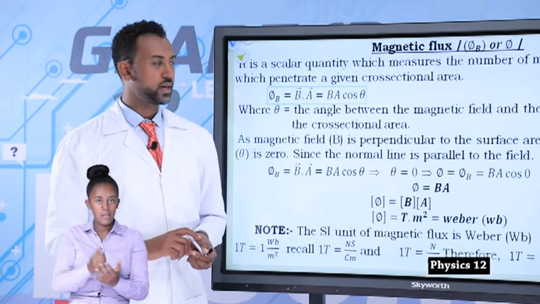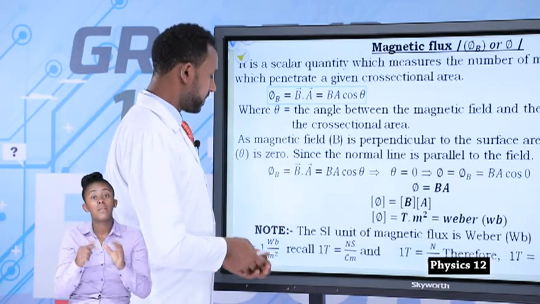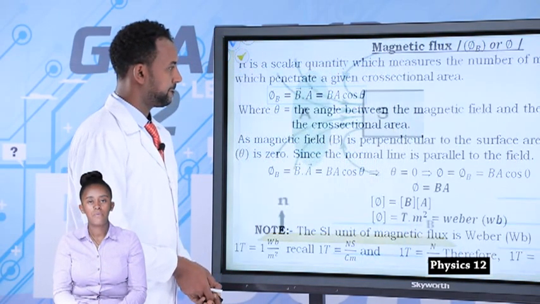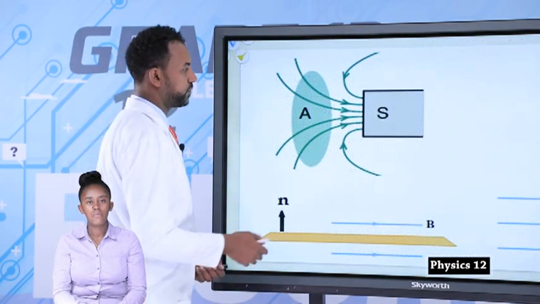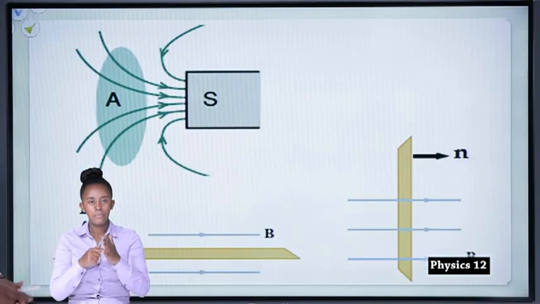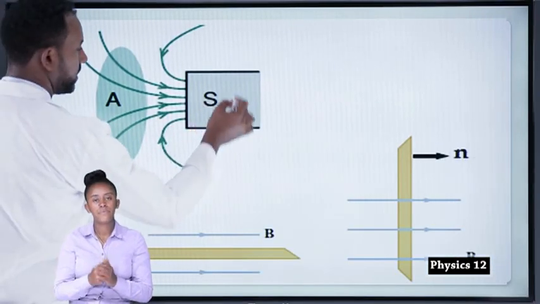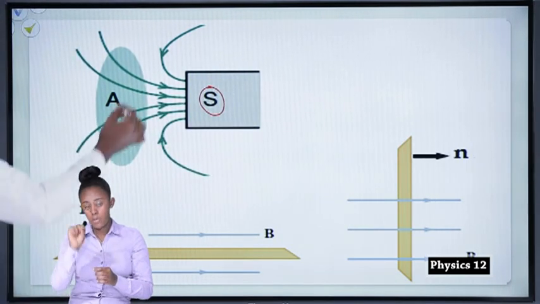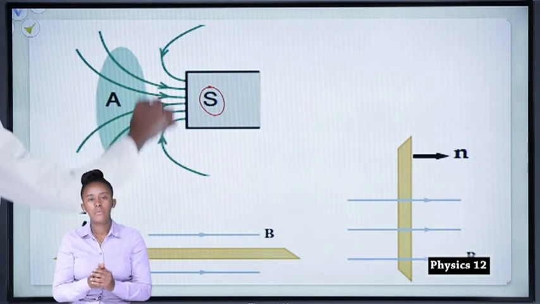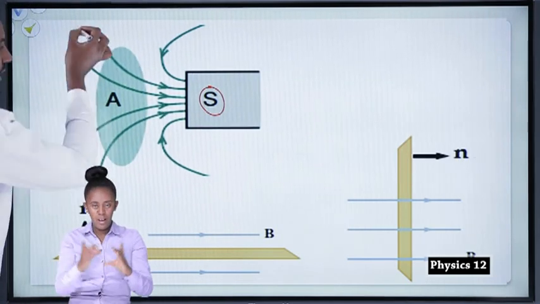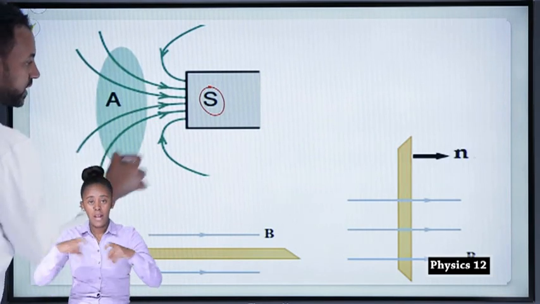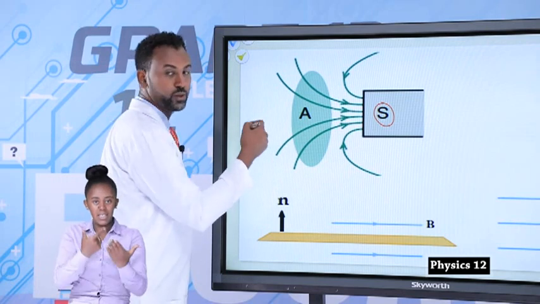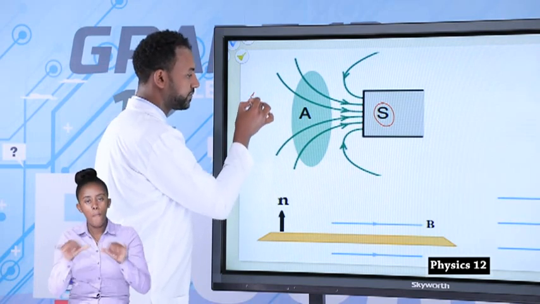Mathematically, it can be represented like this. For example, you have a magnet here, the south pole of a magnet, so the magnetic field lines are running into this. Suppose you have a cross-sectional area A. The number of magnetic field lines which penetrate this given cross-sectional area is measured using flux phi.